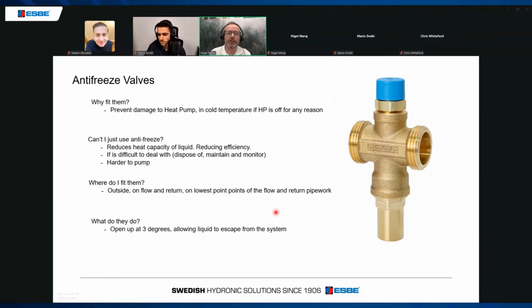Once the temperature of the fluid going through the pipe drops down to 3 degrees, it opens, allowing the fluid to escape. So the expansion that you naturally get when ice forms is not an issue, because the liquid's got somewhere to escape out of this antifreeze valve.